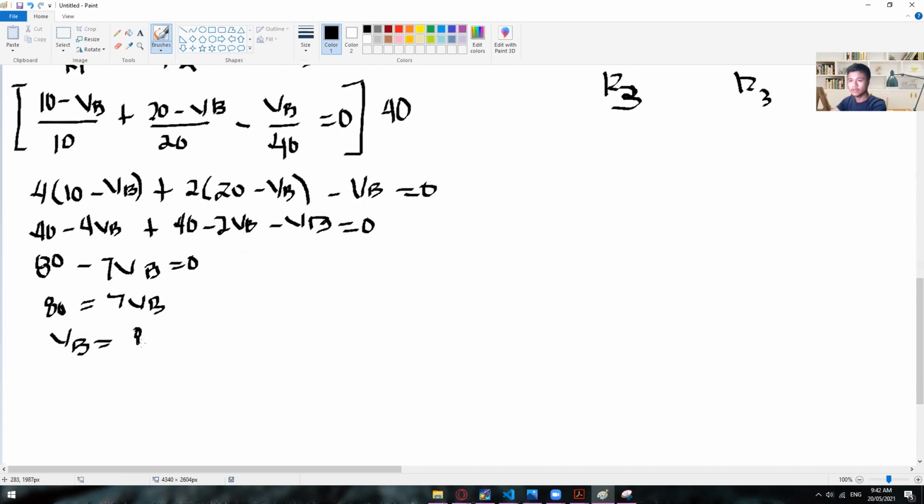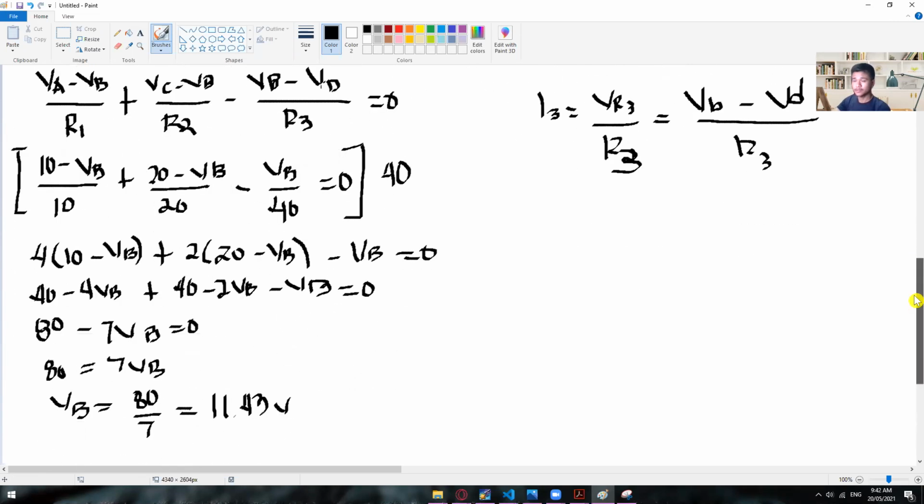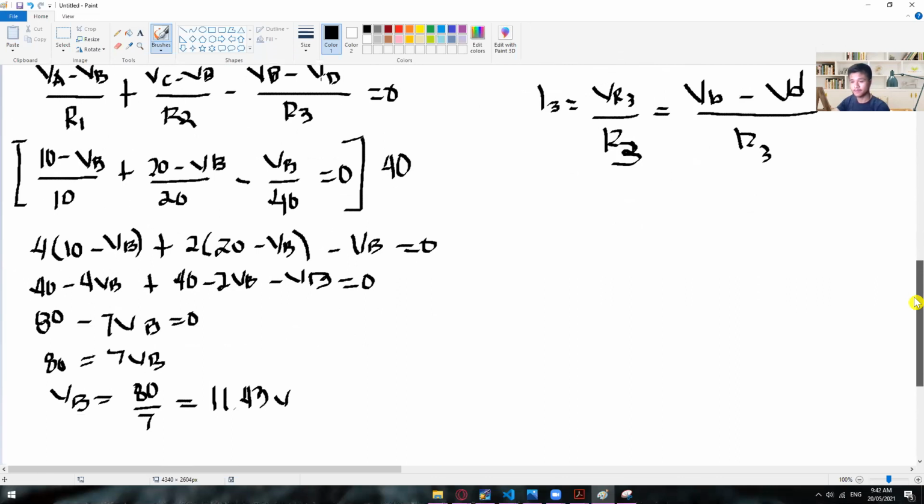VB is equal to 80 divided by 7, which is equal to 11.43 volts. So there you go, you now have the value of VB.